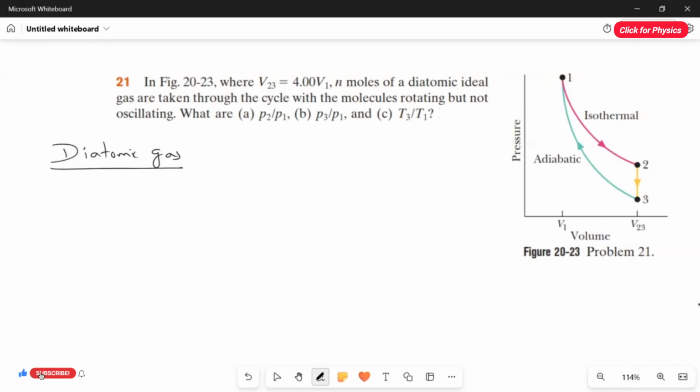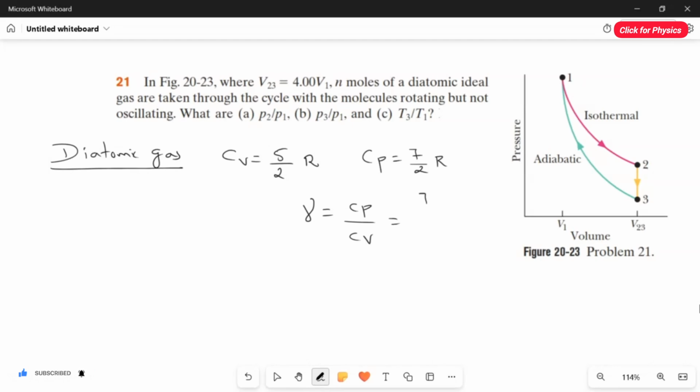For that, we need something. If it is constant volume and constant pressure, then we need the values of Cp and Cv. The Cv value for a diatomic gas is 5 over 2 times R, and the Cp value is 7 over 2 times R. Using Cp and Cv, we find the gamma value, where gamma is equal to Cp over Cv.